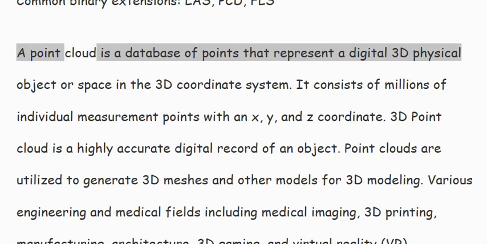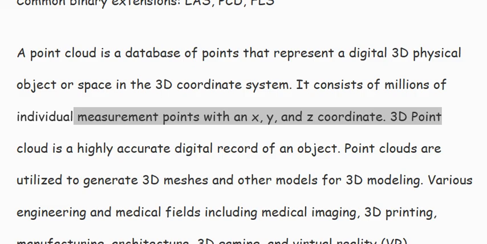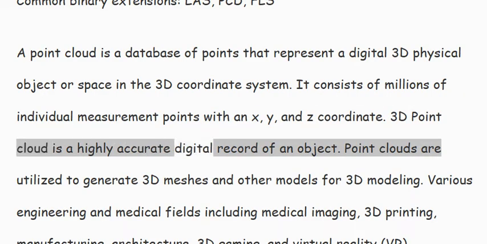A point cloud is a database of points that represent a digital 3D physical object or space in the 3D coordinate system. It consists of millions of individual measurement points with an x, y, and z coordinate. A 3D point cloud is a highly accurate digital record of an object.